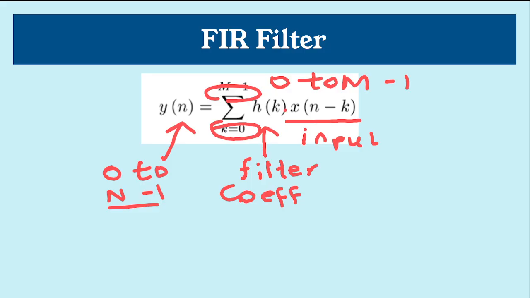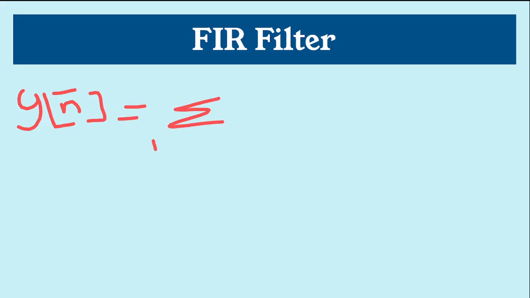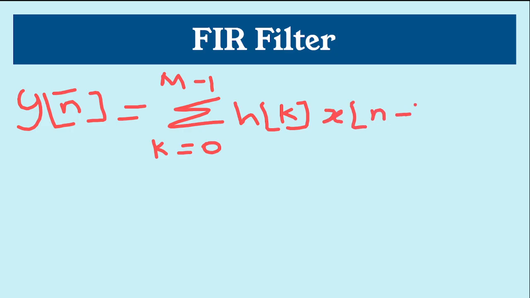Let me explain again. You have y of n equal to the sum of k equal to 0 to M minus 1, h of k times x of n minus k.